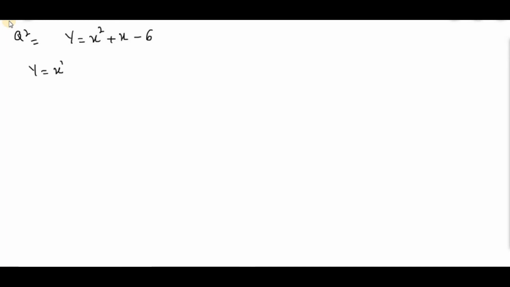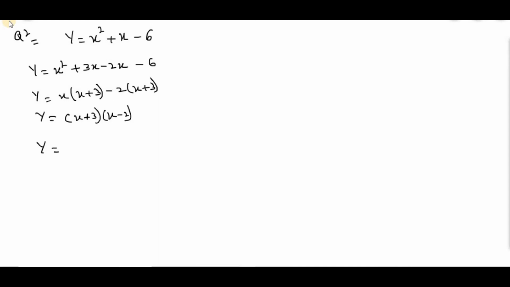y is equal to x square plus 3x minus 2x minus 6, because when we multiply plus 3 and minus 2 we get minus 6, and when we add we get plus 1, which is the required middle term. Now y is equal to x plus 3 times x minus 2, then x plus 3 and x minus 2.